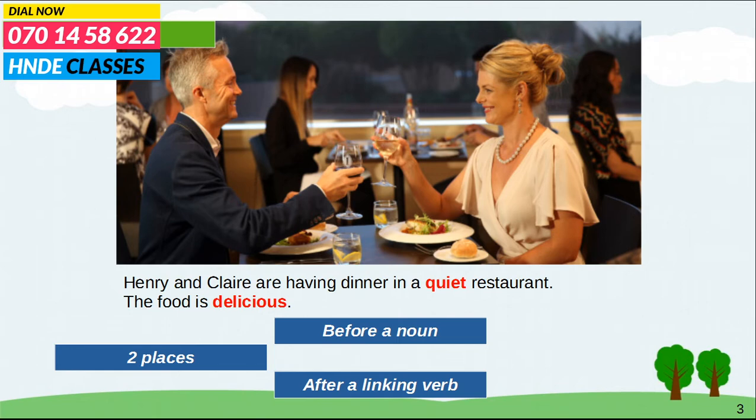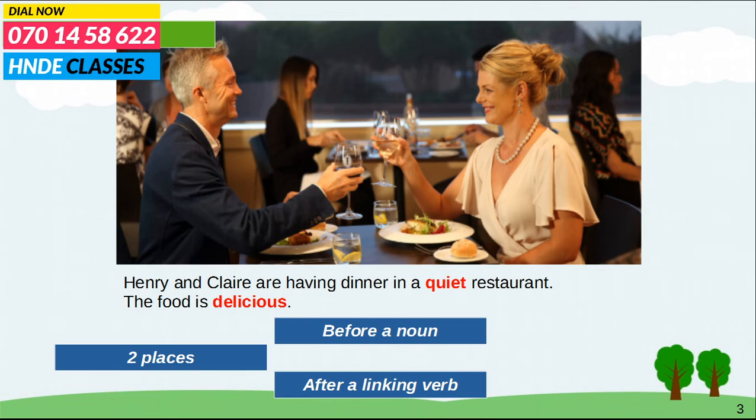And the other place is after a linking verb. The food is delicious. There is a verb form of be, which is a linking verb. Delicious, our adjective, has come after the linking verb is.